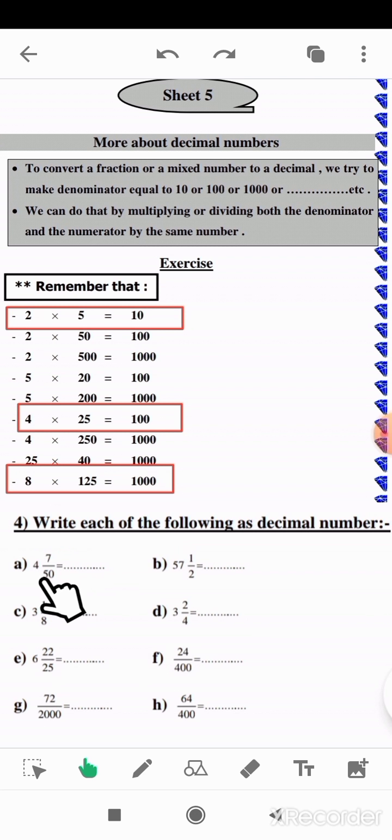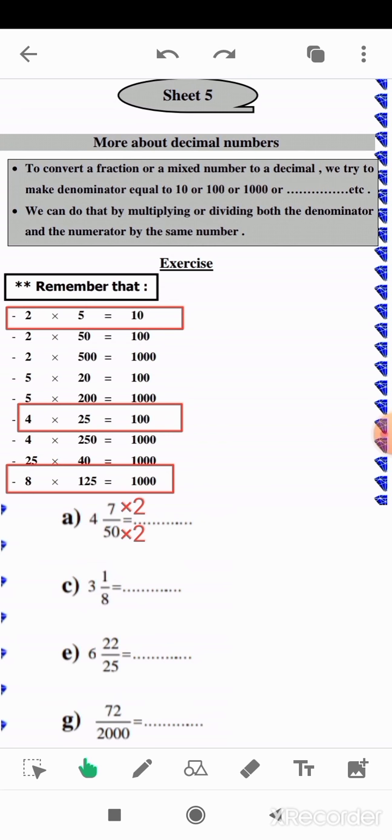I find 5 here, so I will multiply by 2 in the numerator and denominator. So 2 by 7 equals 14, 2 by 50 equals 100, and 4 is a whole number, the same.